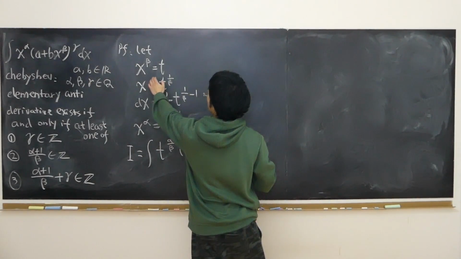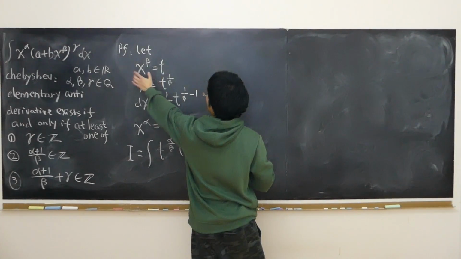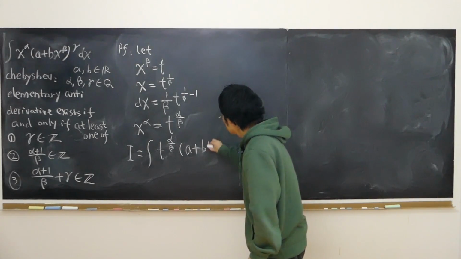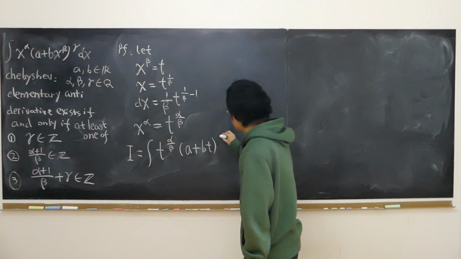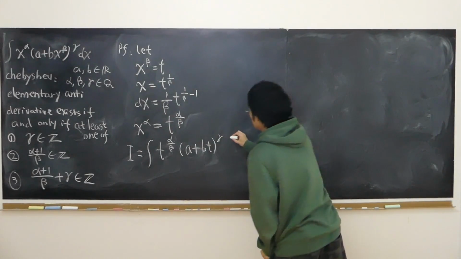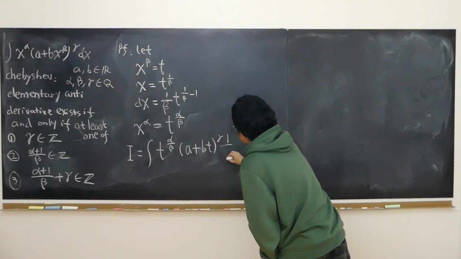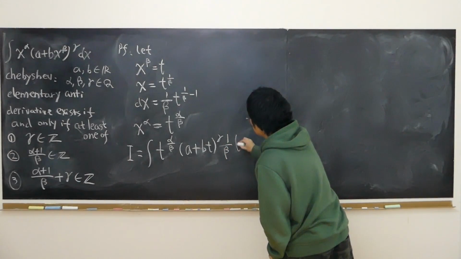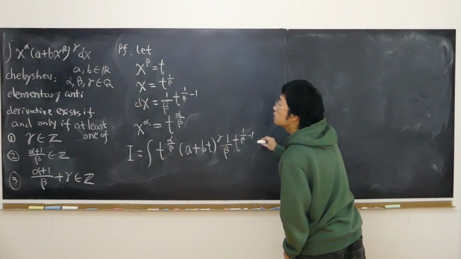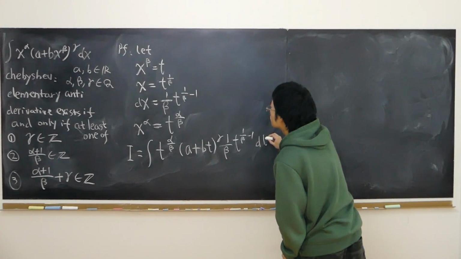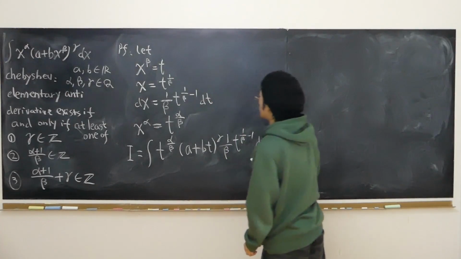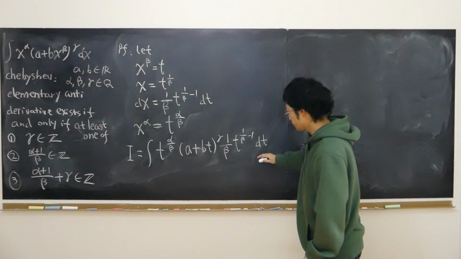Again, x to the power beta is t, so this becomes bt to the power of gamma. dx is equal to this quantity, so it's 1 over beta times t to the 1 over beta minus 1 dt. Sorry, I forgot this. So dt.